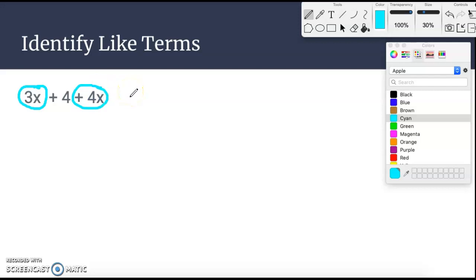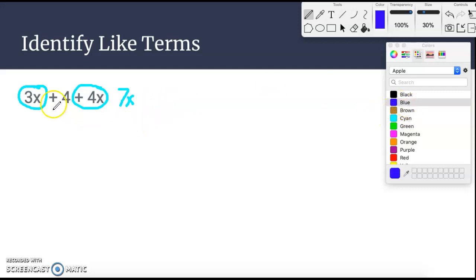Okay? Because these are like terms, I can combine them. And we just combine them by adding the coefficients. So all I'm doing is adding 3 plus 4, which is 7. And since it's 3x plus 4x, this is actually going to be 7x.